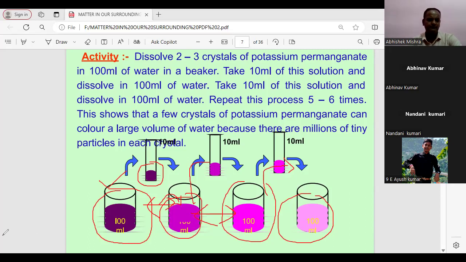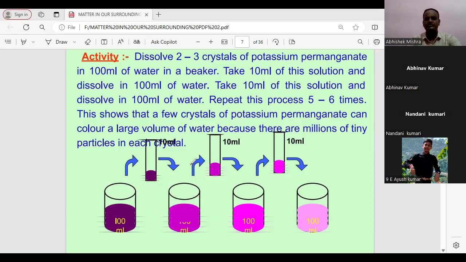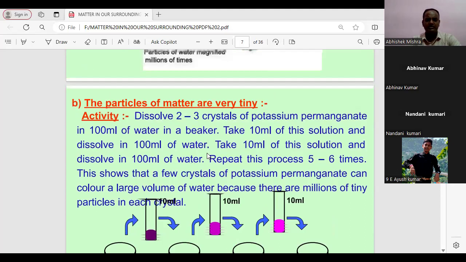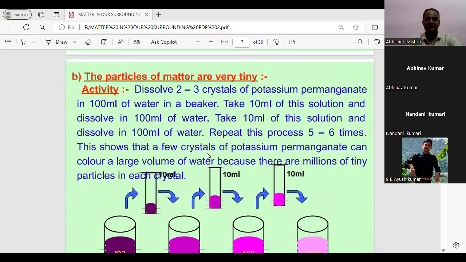Is it clear to all? This activity shows that the particles of matter are very tiny. All the students, through the chat box, give me the reply.